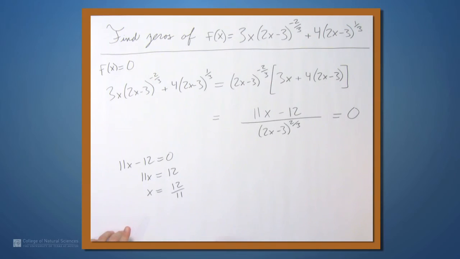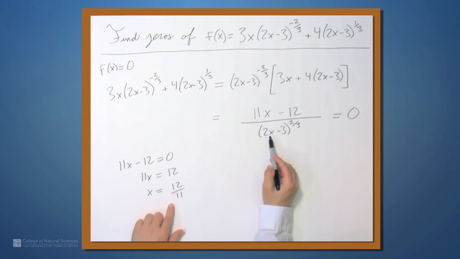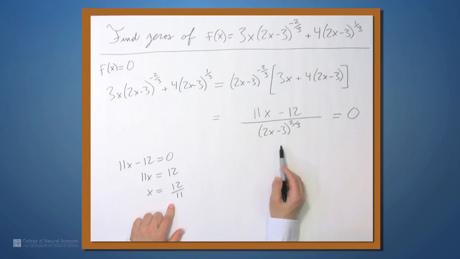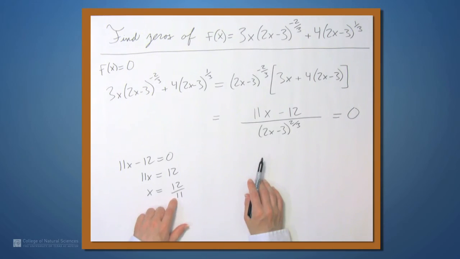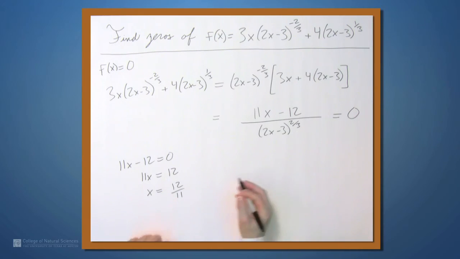The only thing we need to verify is that 12/11 does not make the denominator 0. Well, the only way to make the denominator 0 is to plug in 3/2. So we know that this can't make it equal to 0. But let's just make a note of that.